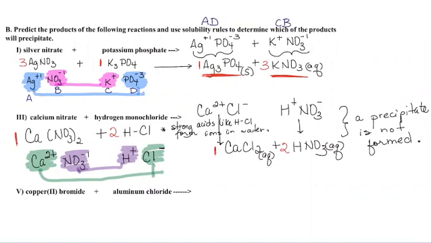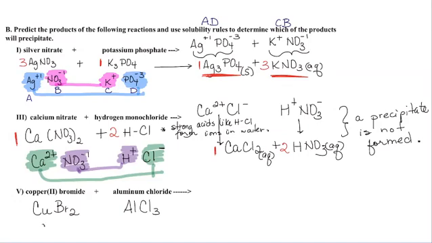Okay, let's get started. Copper 2 bromide, the chemical formula is CuBr2. Aluminum chloride, AlCl3.